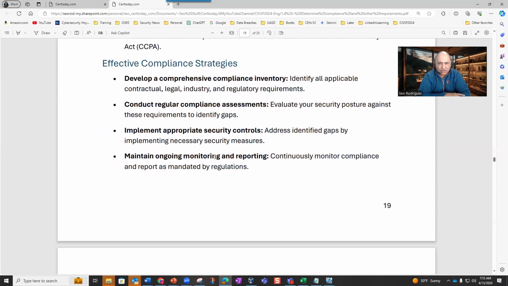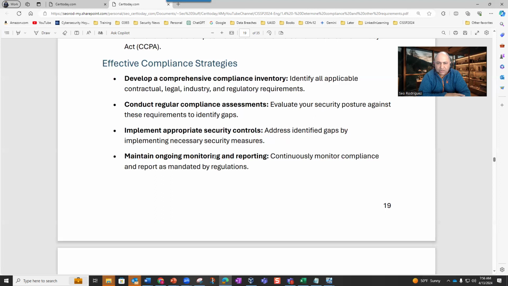Effective compliance strategies. One, you should develop a comprehensive compliance inventory. Identify all applicable contractual, legal, industry, and regulatory requirements. Two, conduct regular compliance assessments. Evaluate your security posture against these requirements to identify gaps.